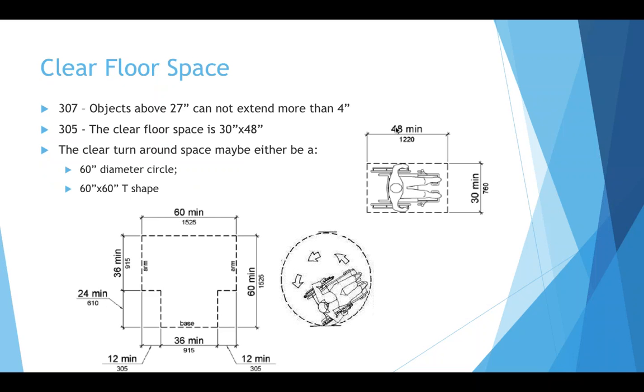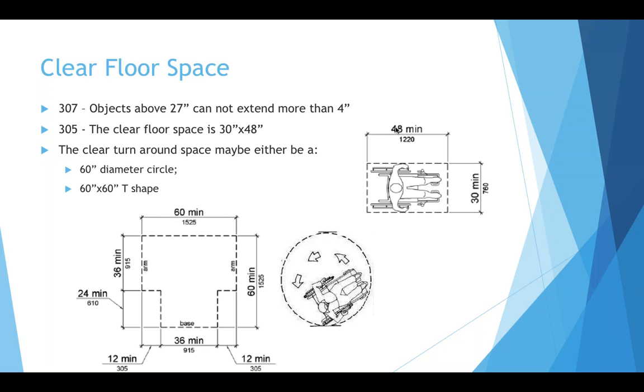Then we come into the clear floor space. And we're going to talk about objects above 27 inches cannot extend more than 4 inches. That's basically what's known as a protruding object. And so if you're projecting out more than 4 inches, you're impeding into that clear floor space.